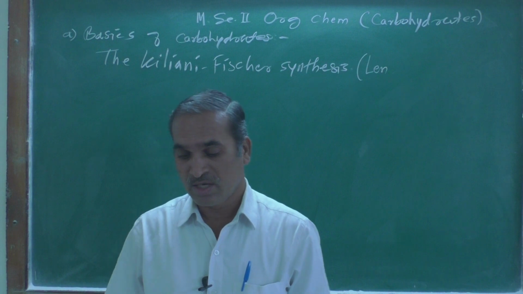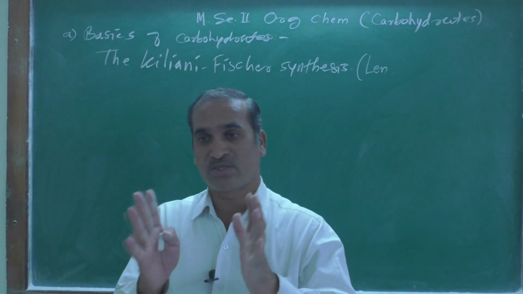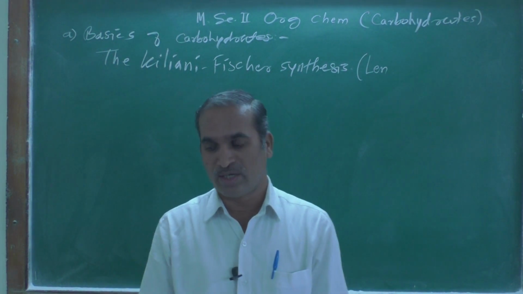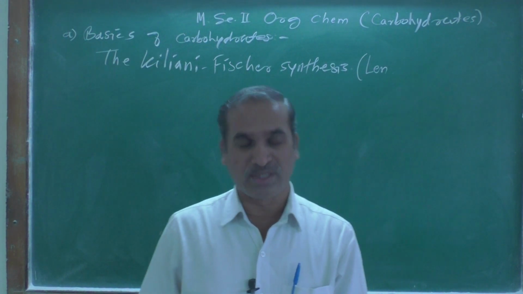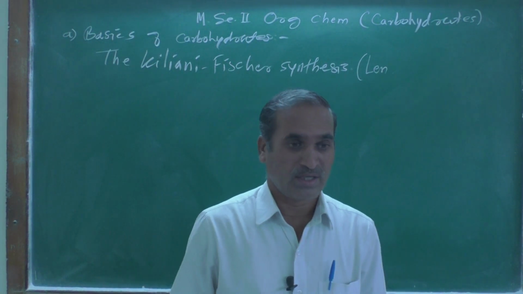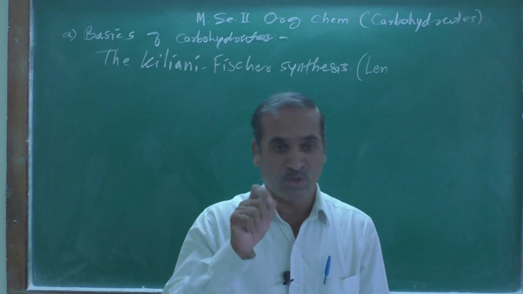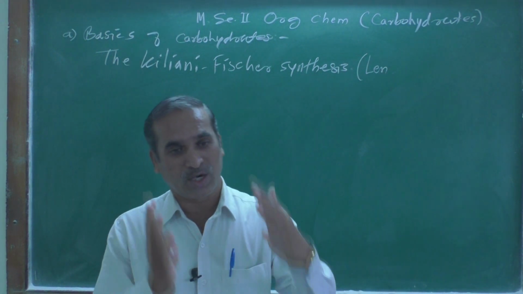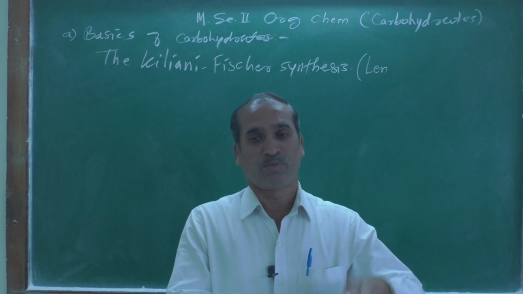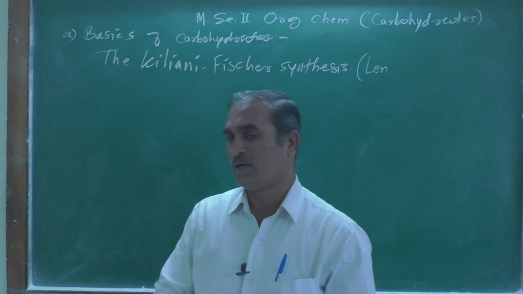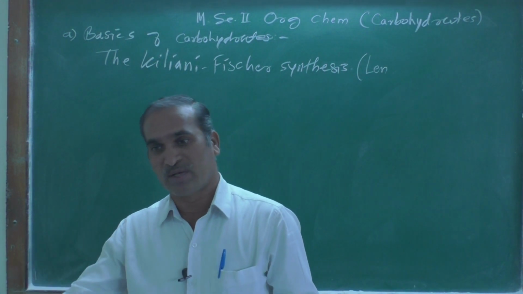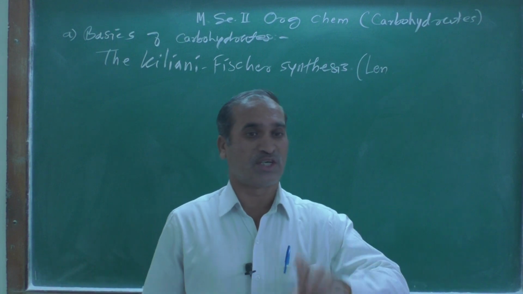How is it synthesized? Yesterday we learned how glucose is obtained, from D-arabinose. D-arabinose produces D-glucose, as well as D-mannose.